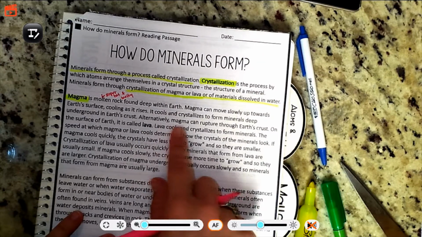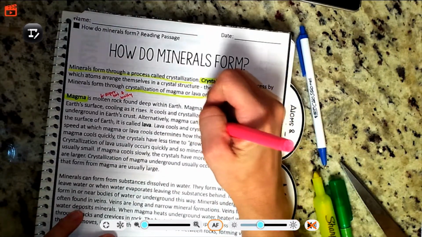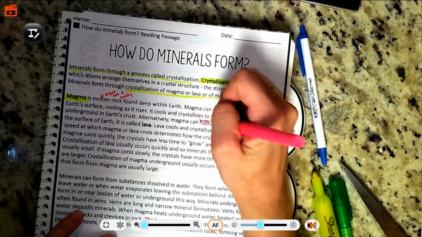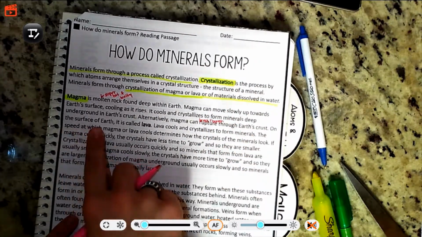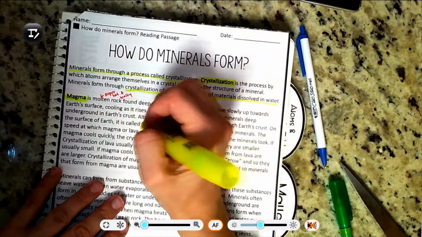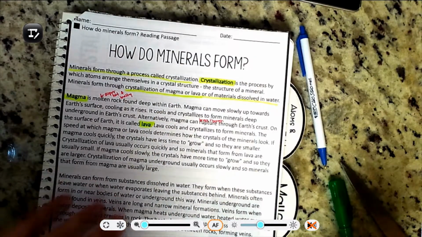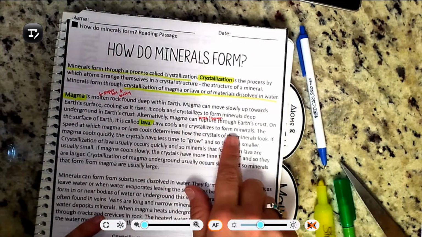Alternatively, magma can rupture, that means break through, Earth's crust on the surface of Earth. It's called lava. So when magma is on top of Earth's surface, it's called lava. Lava cools and crystallizes to form minerals.